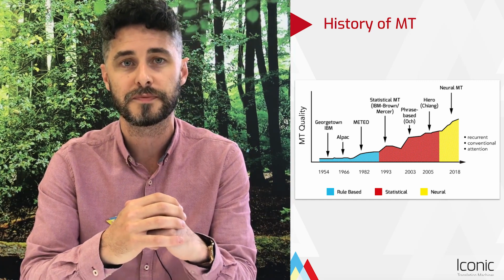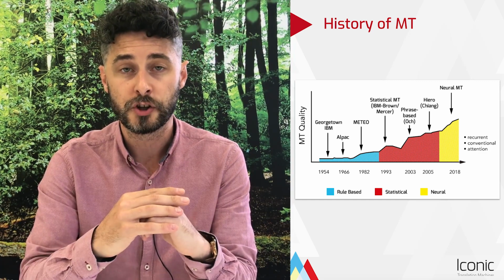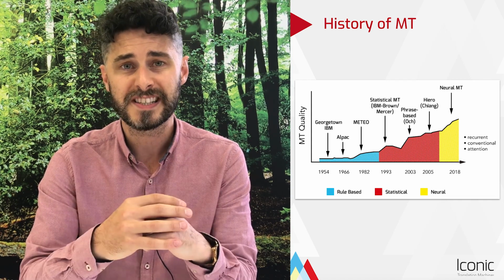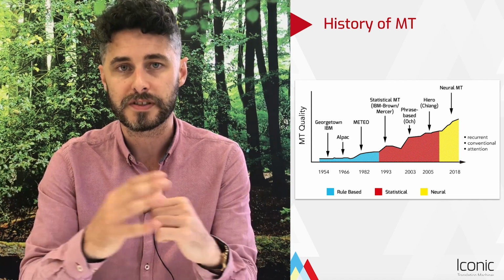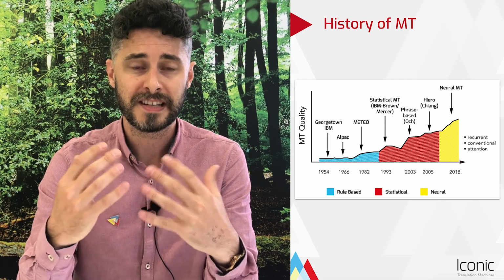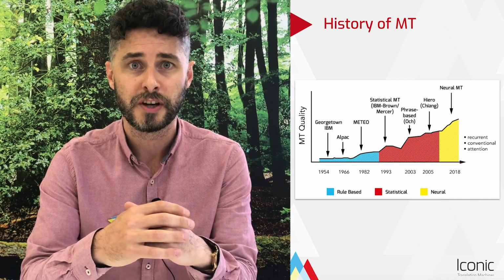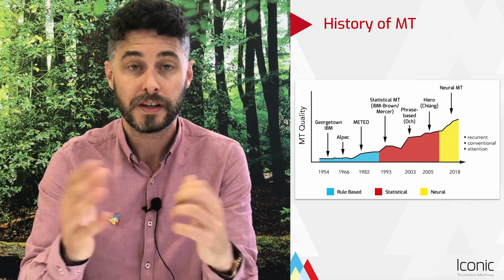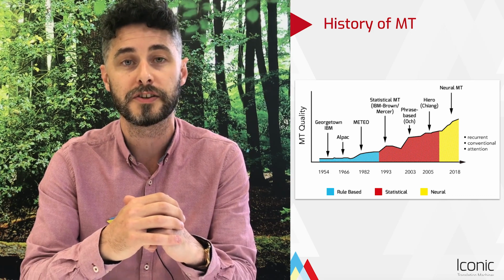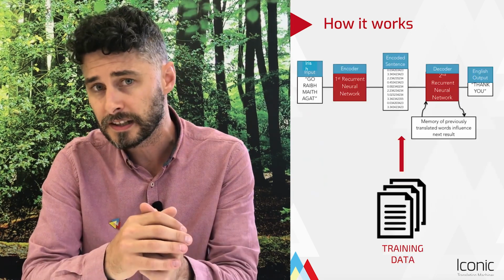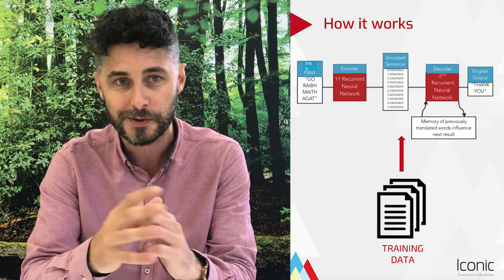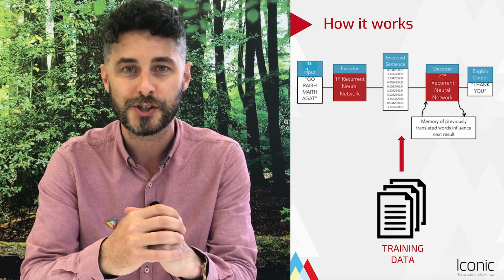So to focus a little bit on neural machine translation, what it actually is, essentially, is the AI wave that we're seeing across many industries now, but this being applied to the challenge of translation and how we convert languages from one into the other. So let's take a little look at how it actually works without melting your brain with too much technical detail.